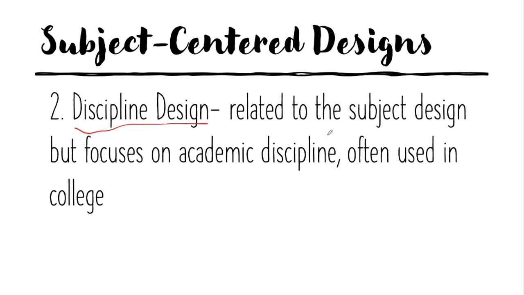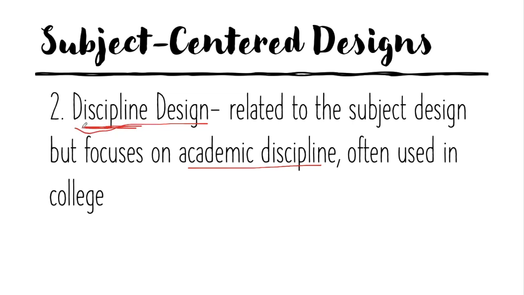When you say discipline design, this is related to the subject design, but it focuses on academic discipline, often used in college. Okay, so when we're talking about discipline design, this is very similar to our majors in college. Say your major is English. So then you are going to be studying all the disciplines under English.